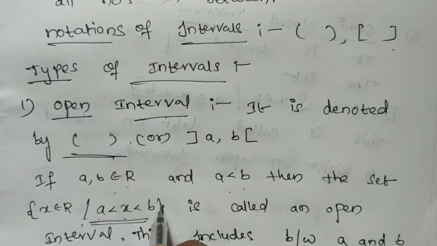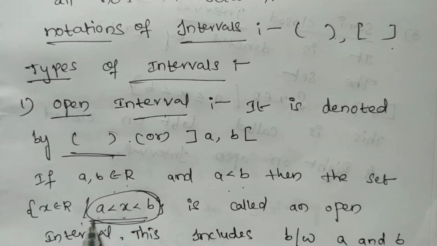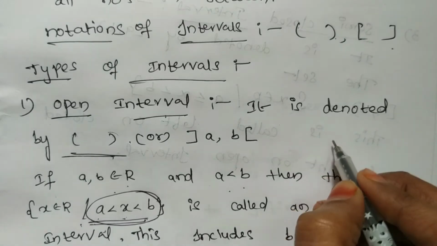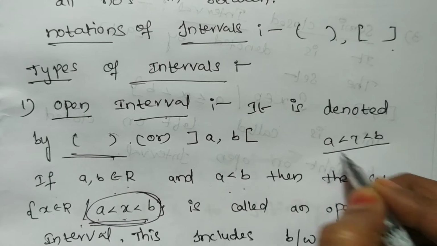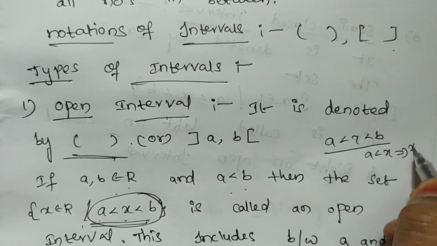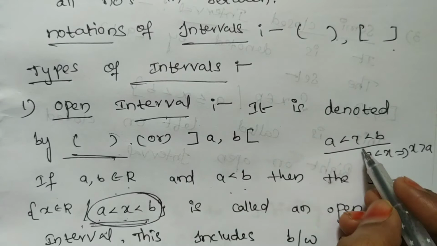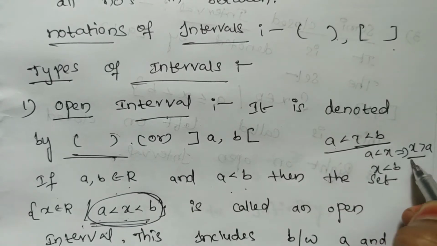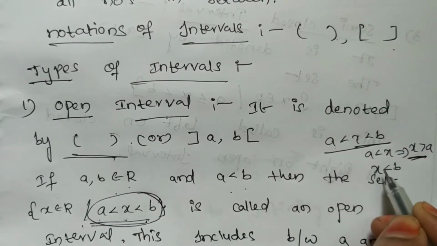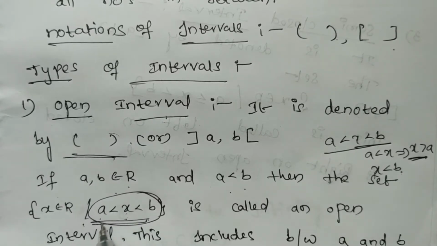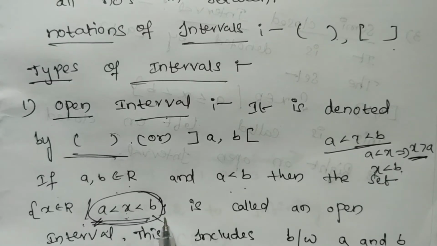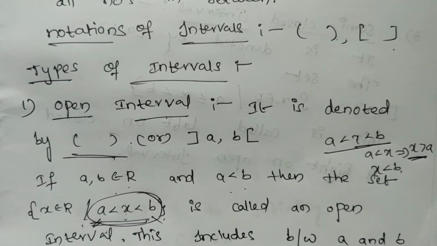So let me simplify this condition, A less than X less than B. A less than X means X is greater than A, and the next one is X less than B. So X is greater than A and X is less than B. So the value of X is between A and B except the values A and B. This is called an open interval.